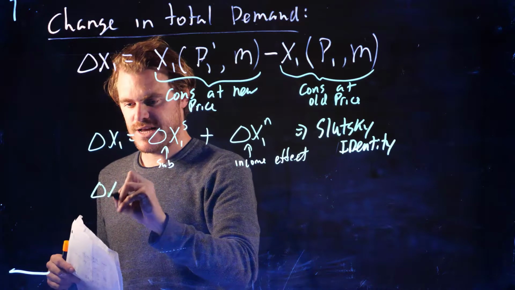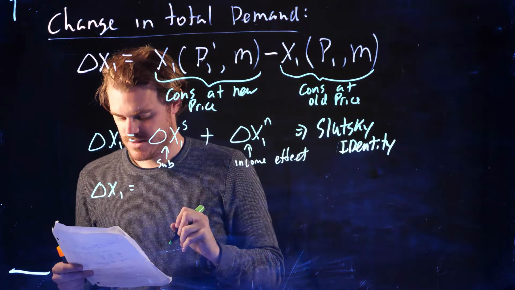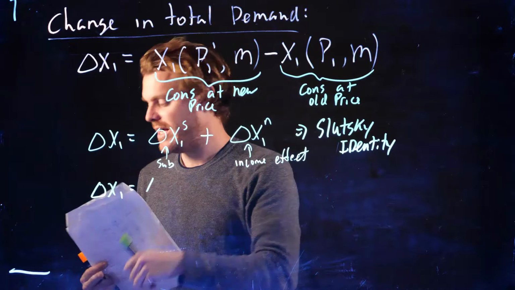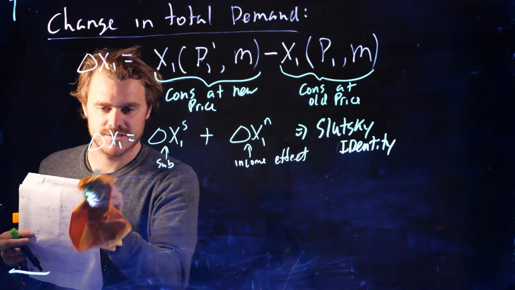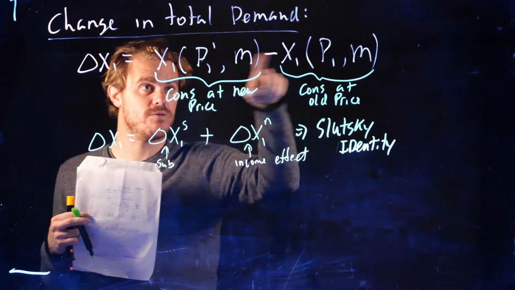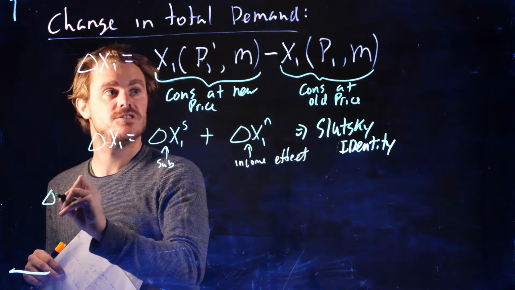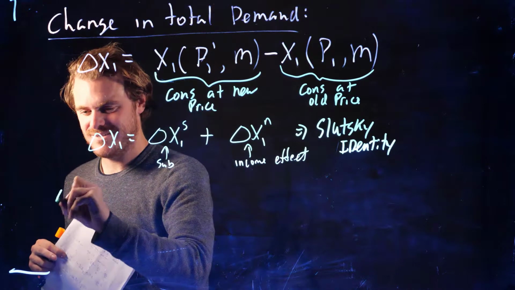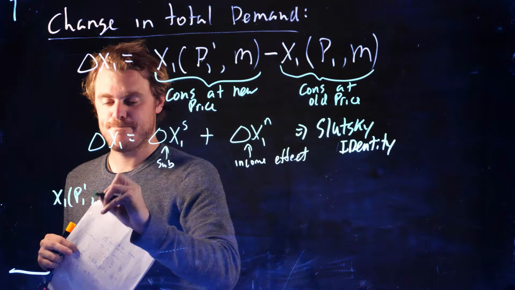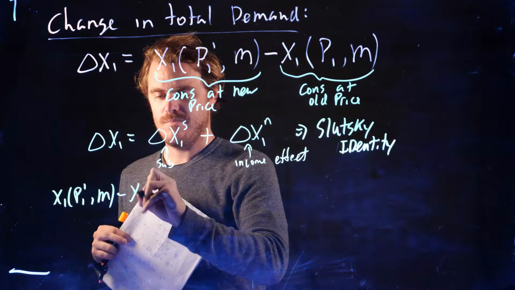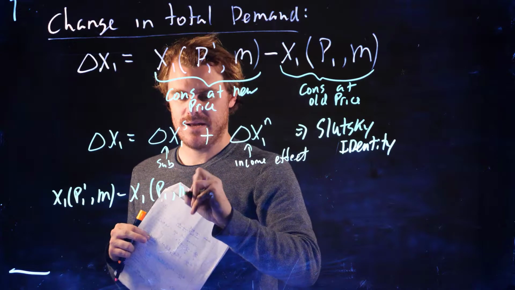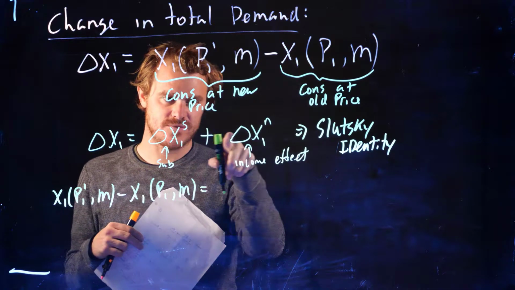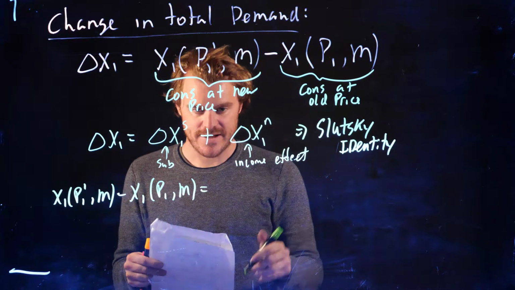The change in X1 equals X1(P1', M) minus X1(P1, M). So this is, again, just the change in X1. And then let's write out the expressions for the substitution and the income effect.